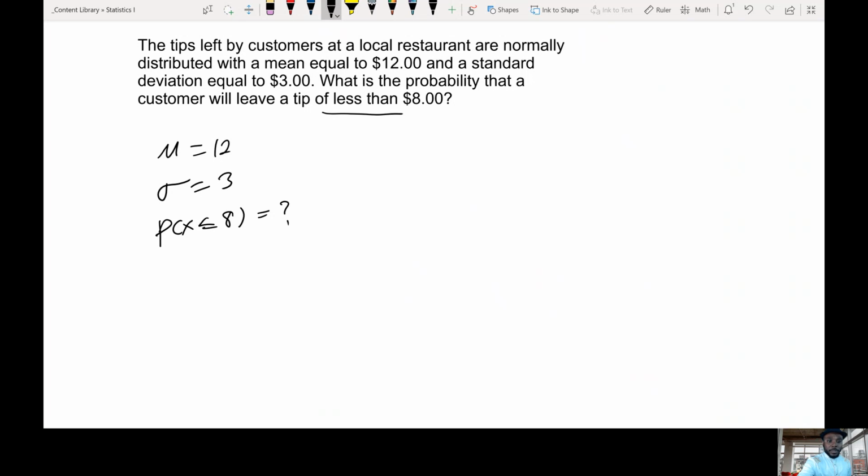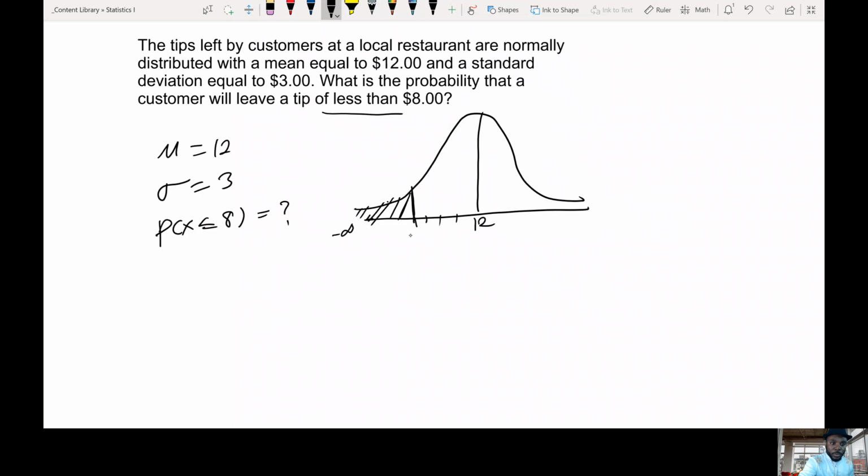We can draw this out so we can visualize what we are trying to solve. What's the mean? The mean is 12. That's the center point. Now, let's say this is 12, 11, 10, 9, 8. So if this is 8, we are looking for this probability to the left, from negative infinity all the way to 8.